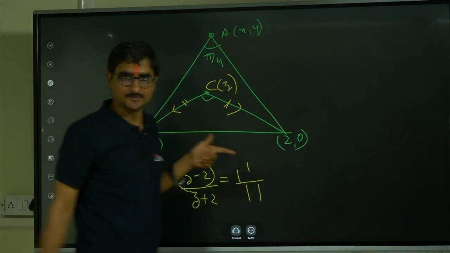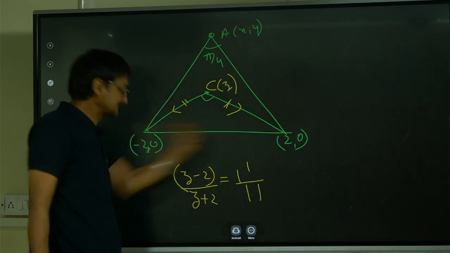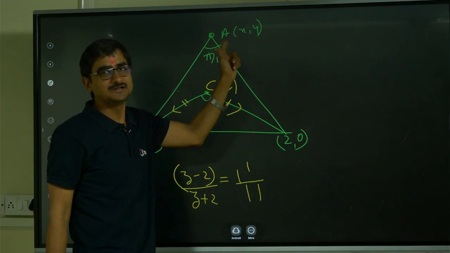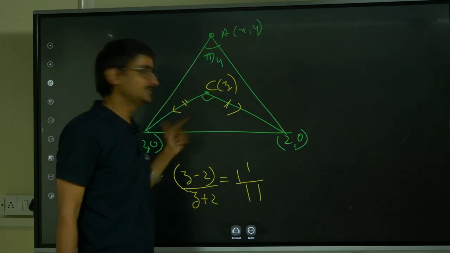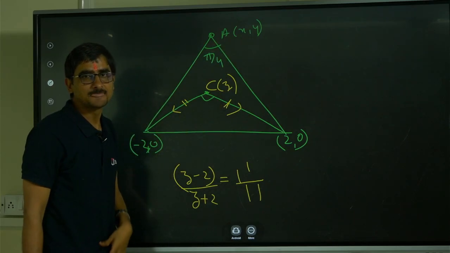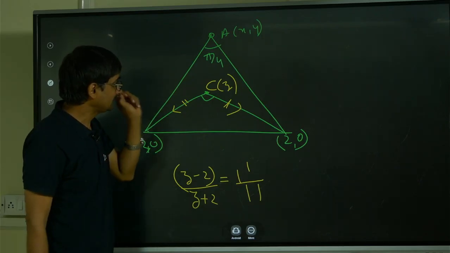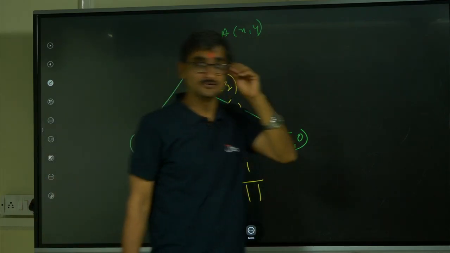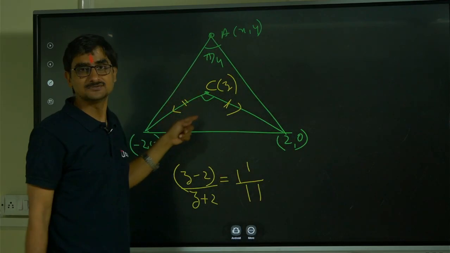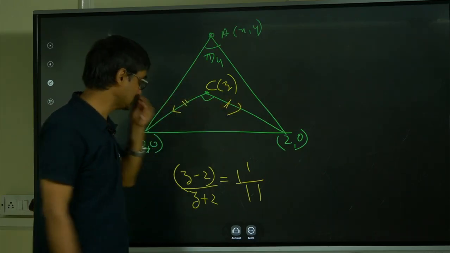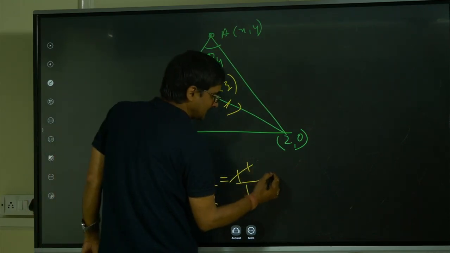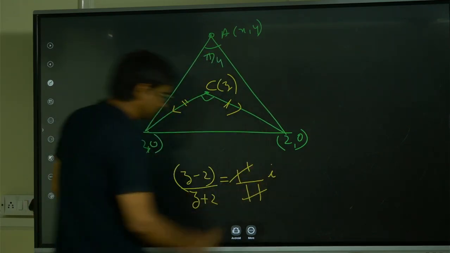I think you people got what I am doing. If a fixed line segment subtends a fixed angle at a point, that point has to move on a circle for which the line segment is a chord. So if the angle at any point on the circle is pi by 4, then at the center it has to be pi by 2. If it is the center, it has to be the radius. So this is e raised to the power iota pi by 2, cos pi by 2 plus iota sin pi by 2, and that's it.